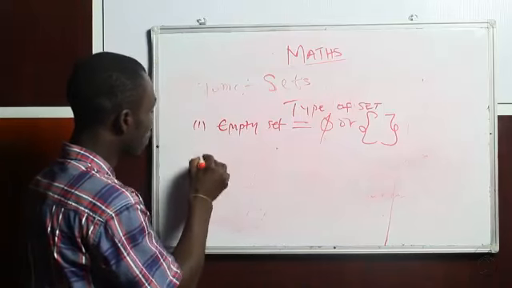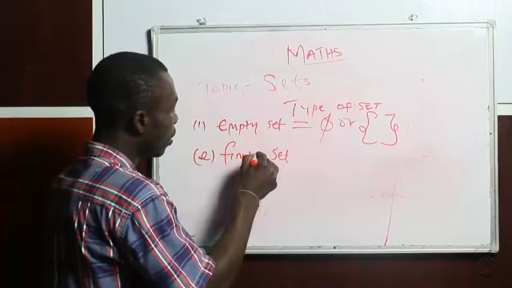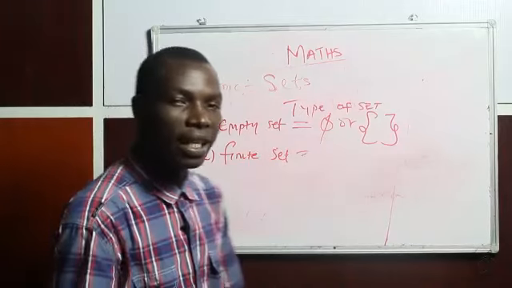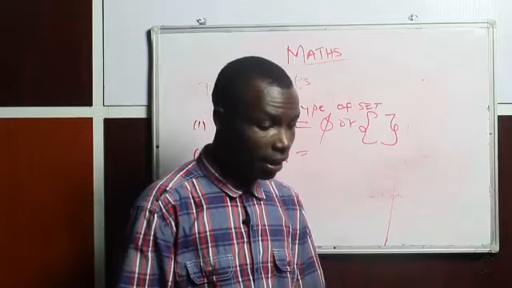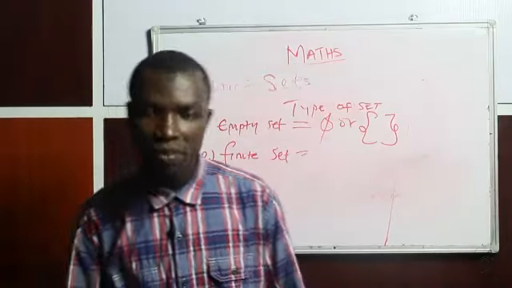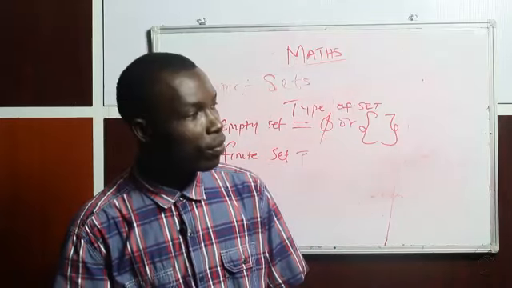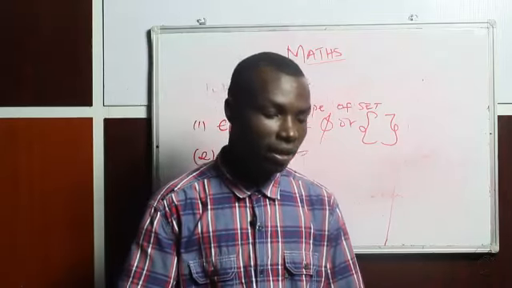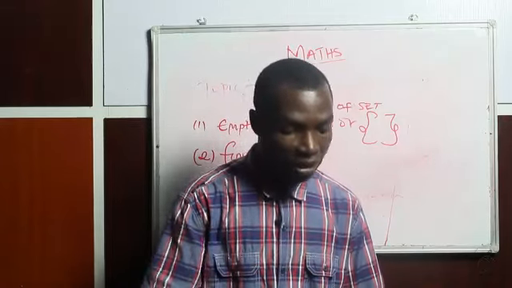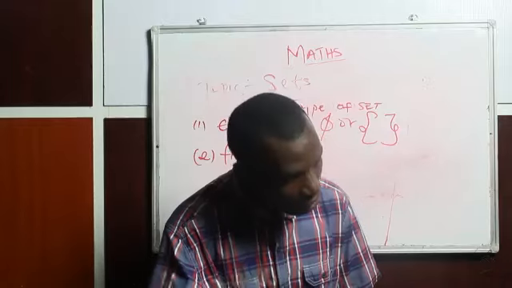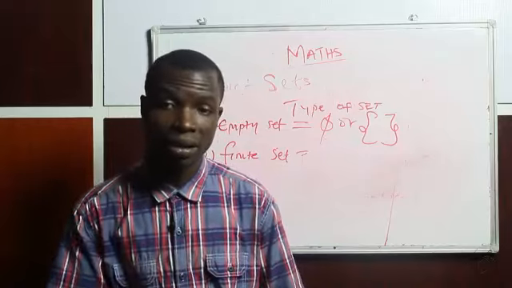We have finite set. Number 2. Finite set means a set that is countable. For example, the number of grains in a bag of beans.